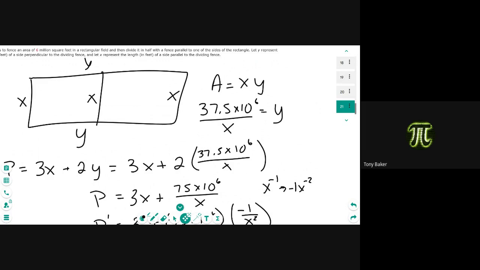For this last one, they just want the smaller value and the bigger value, so it's 5,000 and 7,500. You have to do no calculations for it. It just asked what the dimensions were. That is a really long fence. What are they even using that for?